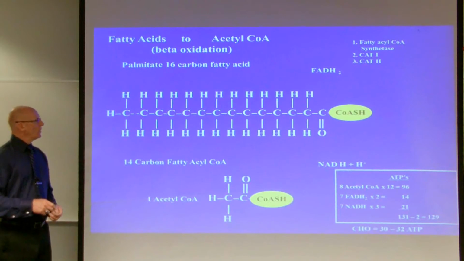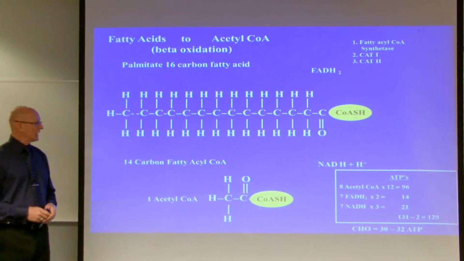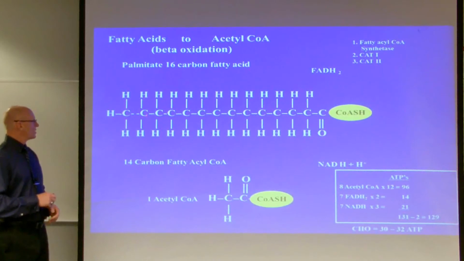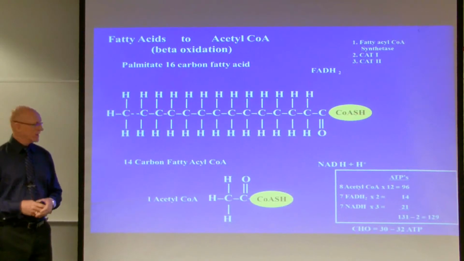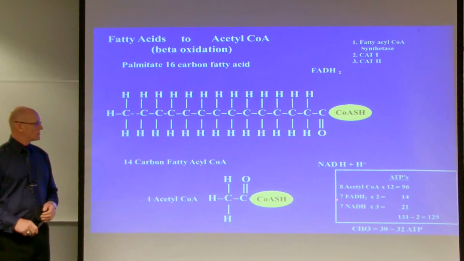Now, we only need 7 rounds of beta oxidation, because the last 2 carbons are simply not going to have to be oxidized. The coenzyme A will just attach there, and we won't need that last oxidation process. So there are 7 rounds of oxidation, and it takes 7 FADH2s and 7 NADHs.